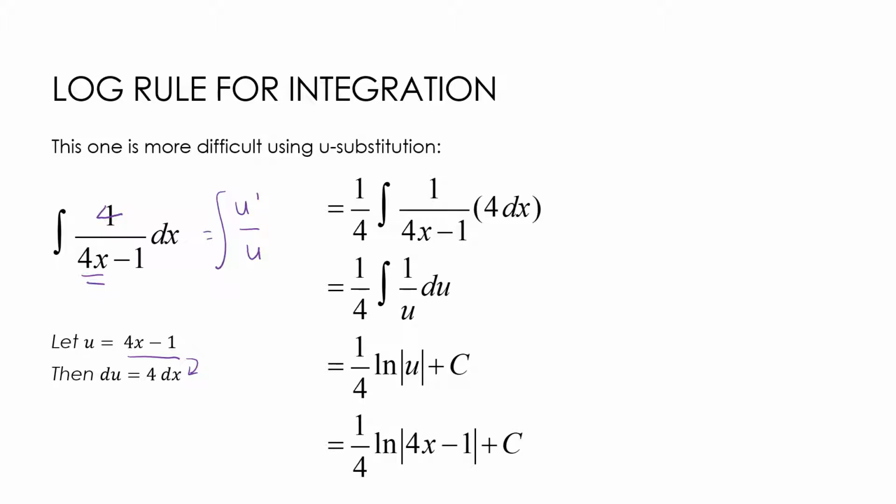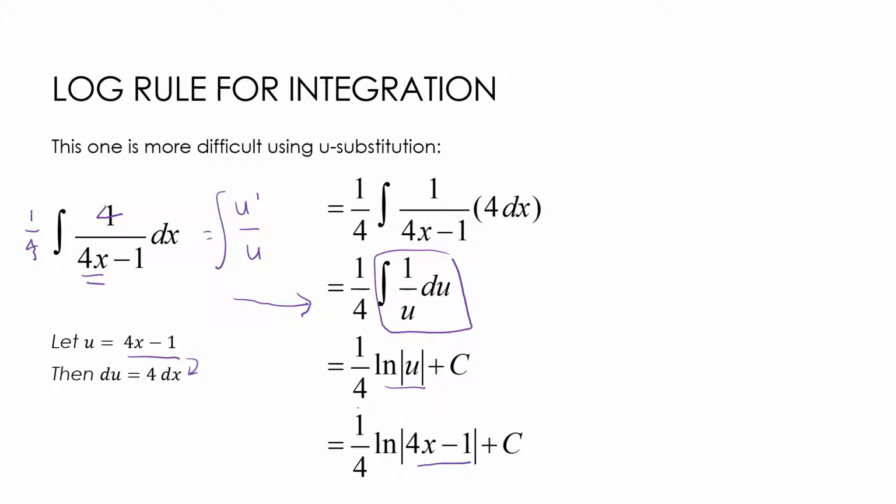And then on the outside, because I've multiplied by 4 and I can't just randomly multiply by 4, I have to multiply by 1/4 so that it works out to me really just multiplying by 1. So that's what I've done here. I've used, obviously, pattern recognition using u prime over u. From here, it's pretty straightforward. I've got 1/4 on the outside. The integral of 1 over u du is the natural log of the absolute value of u. And then I just take u and plug it back in.